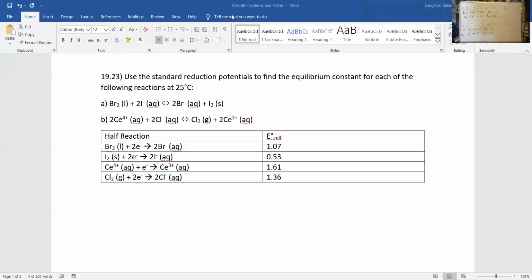And then we also know that delta G naught equals negative nFE cell naught, and delta G naught equals negative RT natural log of K. And then F is 96,500 joules per mole volts. Yeah.